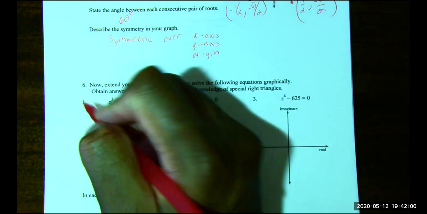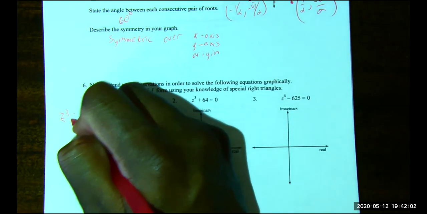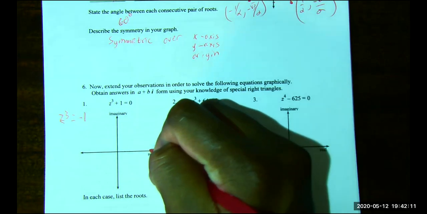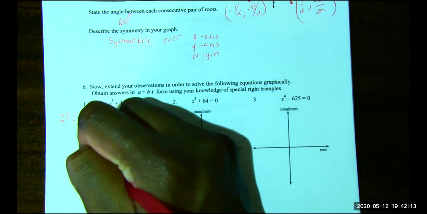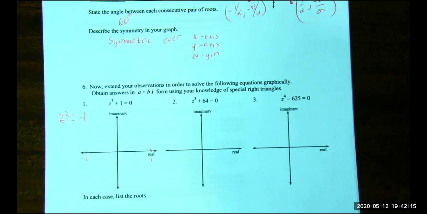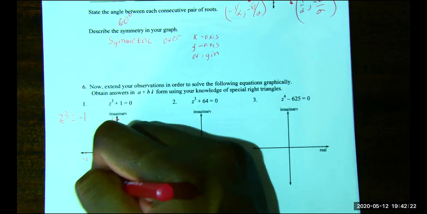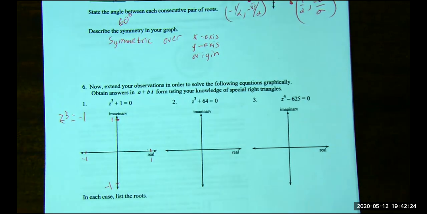Simply solving this, I'm going to have z cubed equals -1. And we know we're breaking the circle up into threes. So this will be 1, -1. The thing here is, it's a cube root, and I know the cube root of -1 is -1.